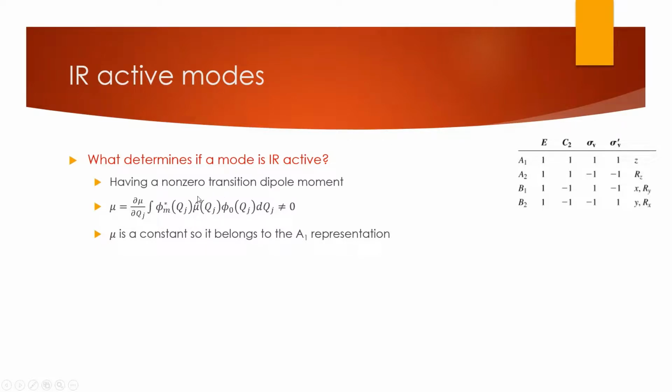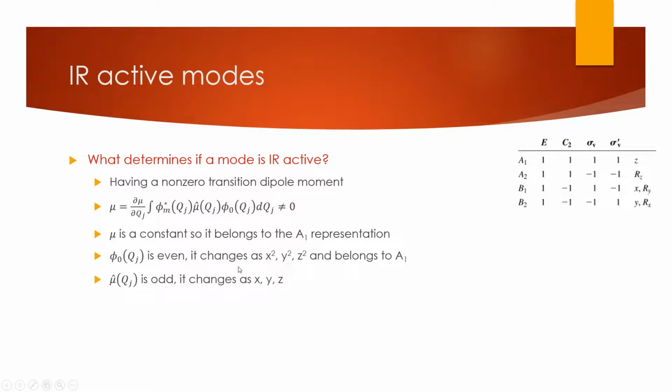Our transition dipole moment depends on an actual dipole, which is one-dimensional. So it changes as x, y, or z. It's an odd function. So we have this function that's A1, that's even. This is odd, meaning it belongs to the A1, B1, or B2 representation.